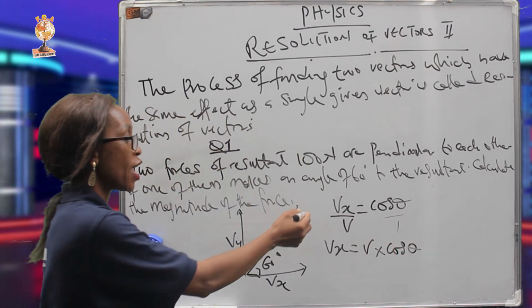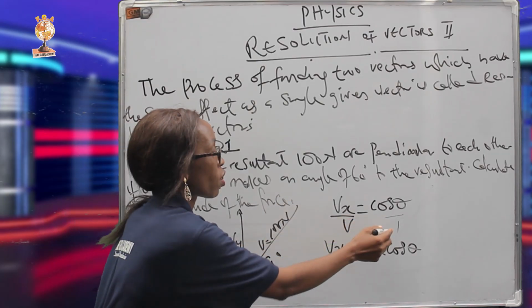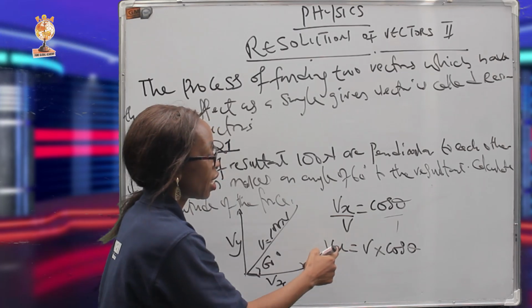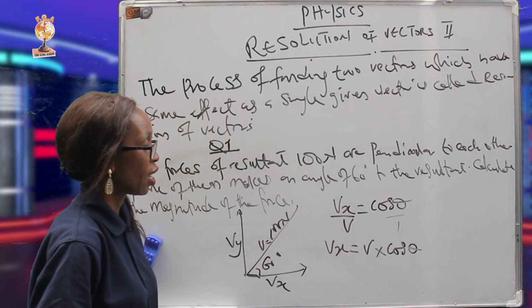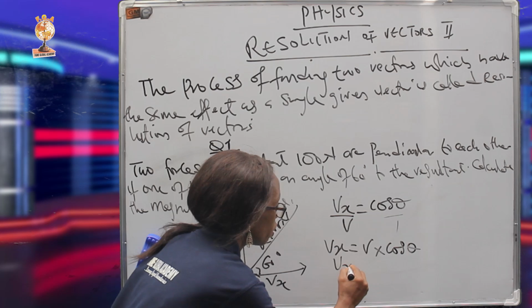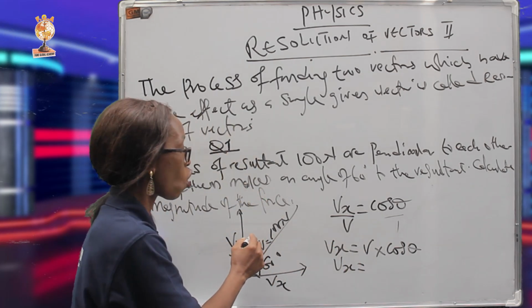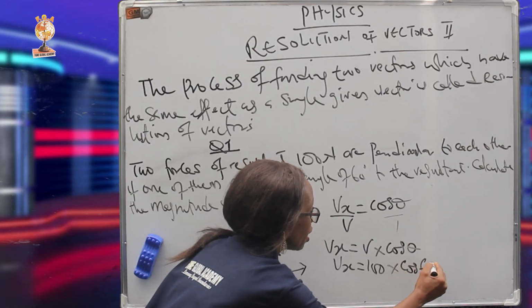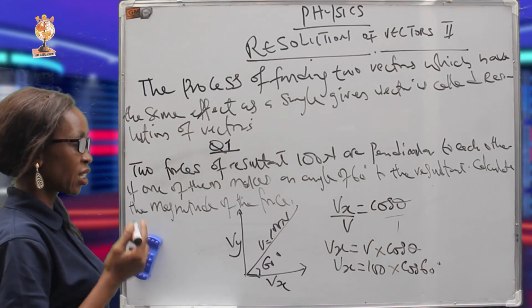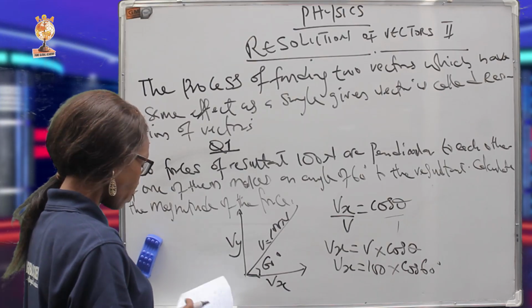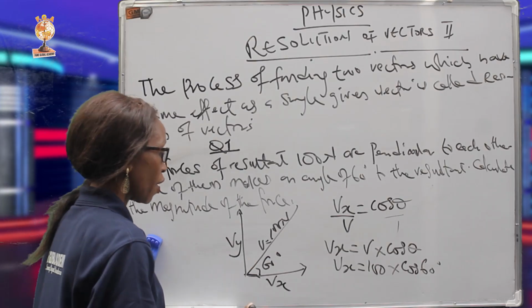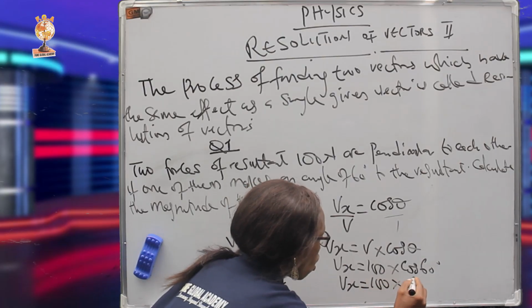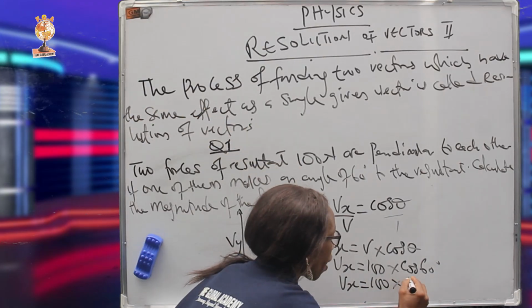I am looking for Vx, which is unknown. If I cross multiply, Vx times 1 is Vx, then V times cos theta. So Vx is equal to V, which is given as 100 newtons, times cos 60 degrees. Okay?